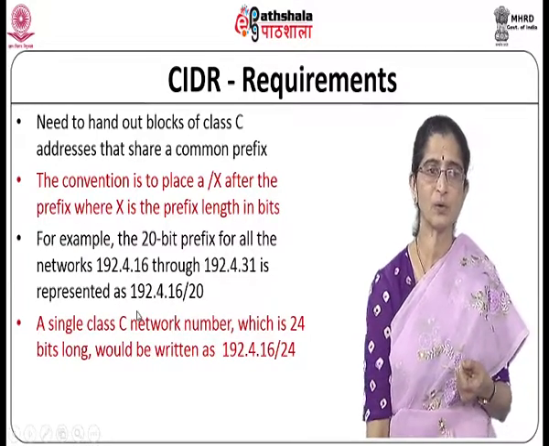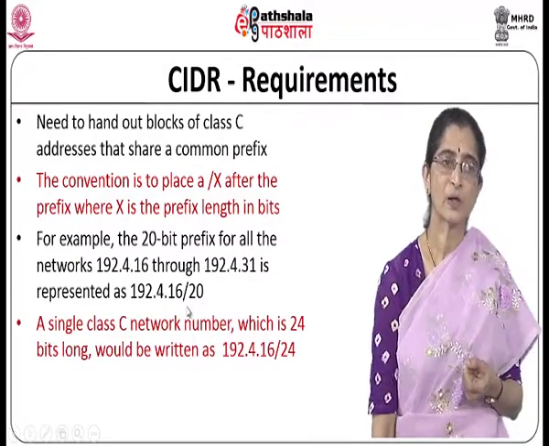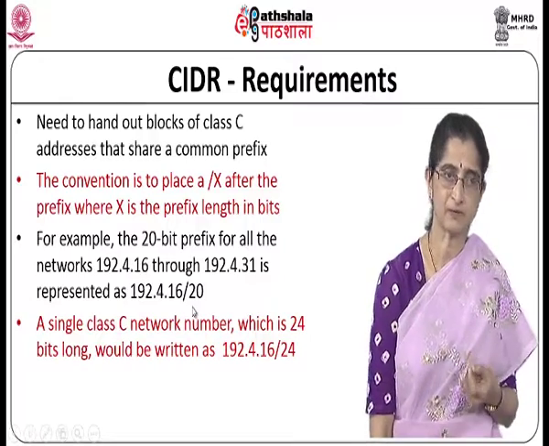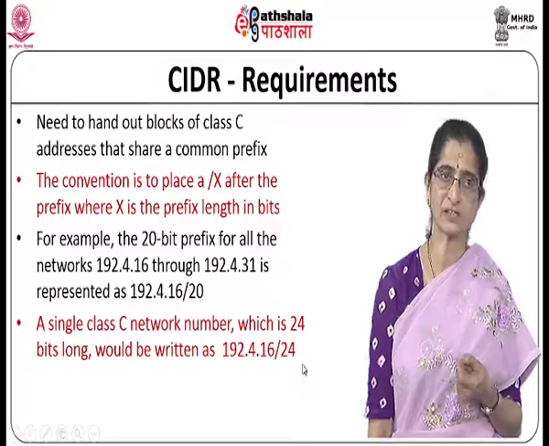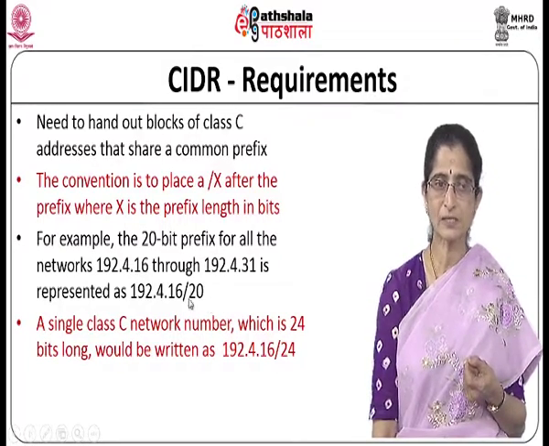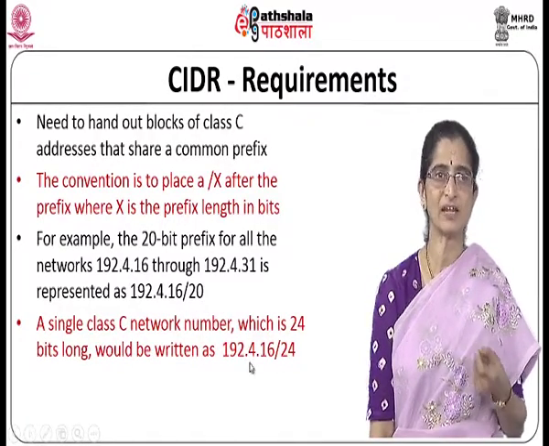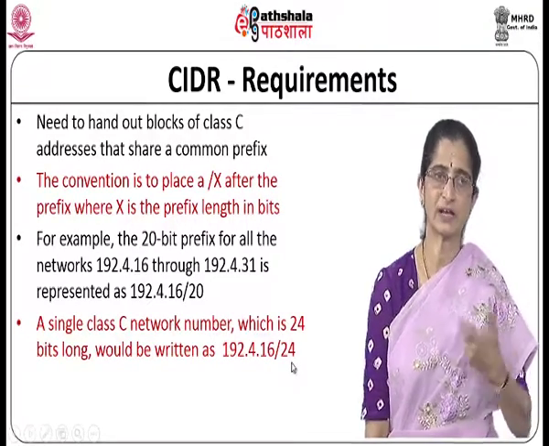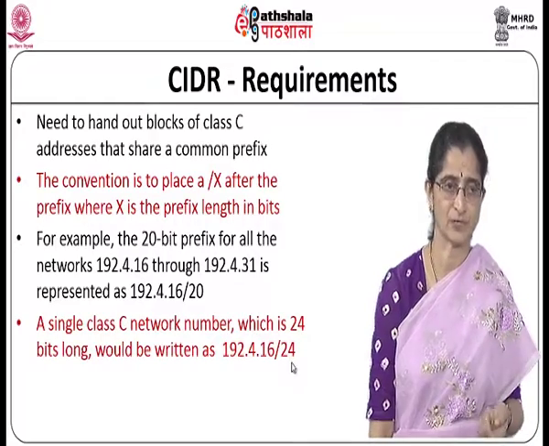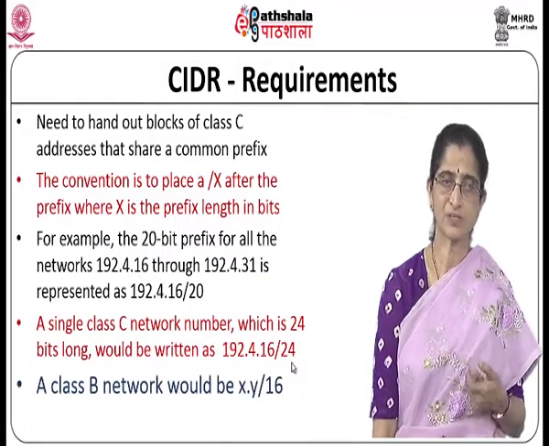This refers to the 192.4.16 network where 20 bits will be used as the network part of the address. Here it is 192.4.16 where 24 bits will be used as the network part of the address. So, you can see that by specifying the prefix length, you can vary the size of the networks that we have, and you can accommodate different sized networks. This is something which is very, very interesting.